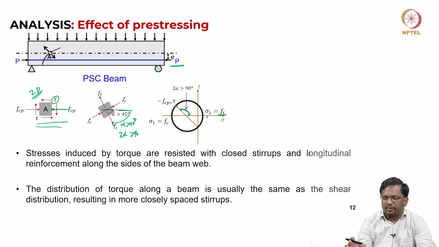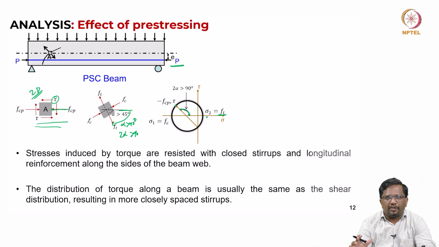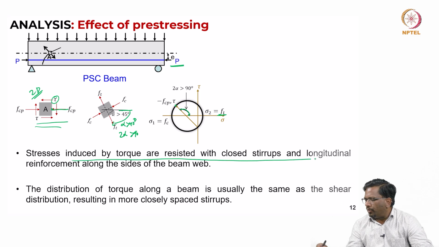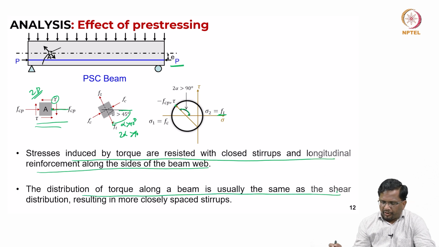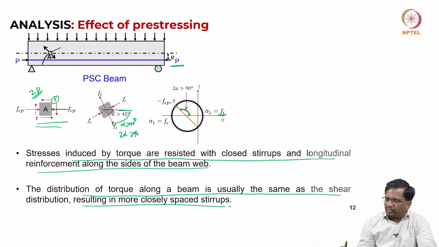Now, the same effect is applicable for shear induced by torsion as well. In net essence, the stresses induced by torque are resisted by closed stirrups and longitudinal reinforcements along the sides of the beam web, and the distribution of torque along the beam is usually the same as that of the shear distribution, resulting in more closely spaced stirrups.